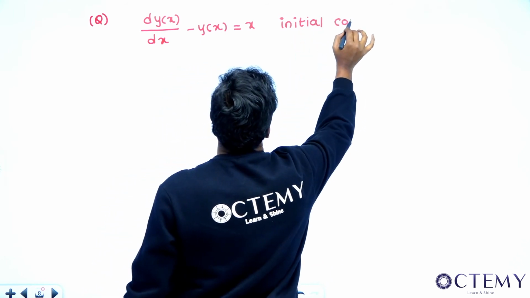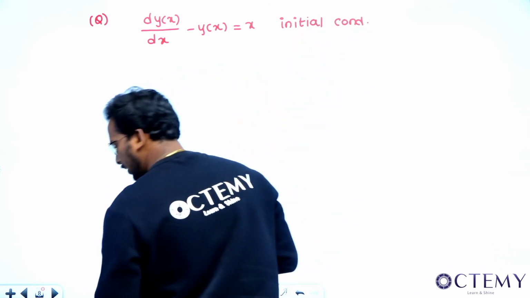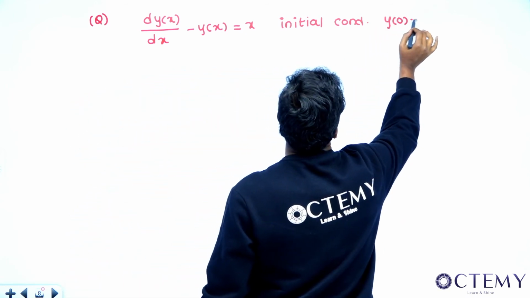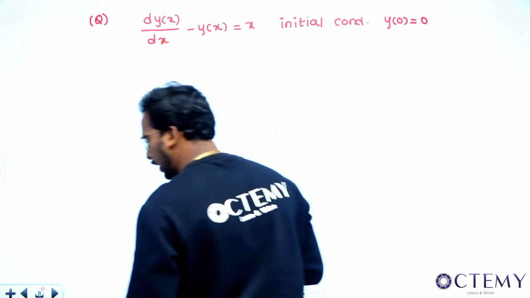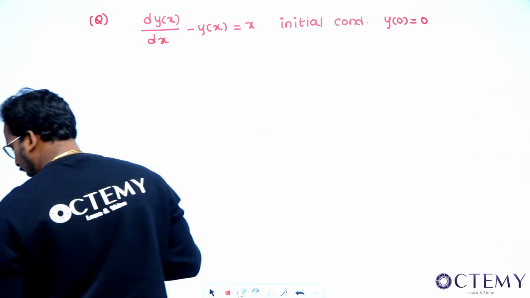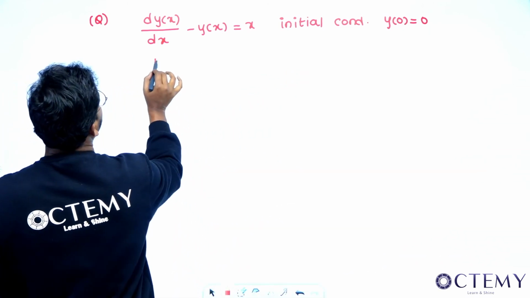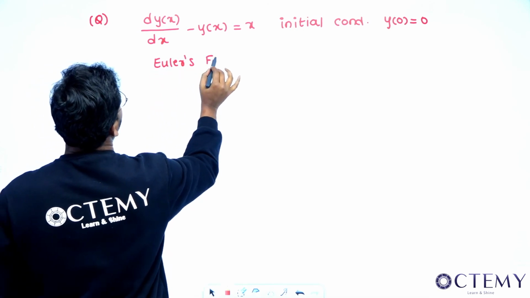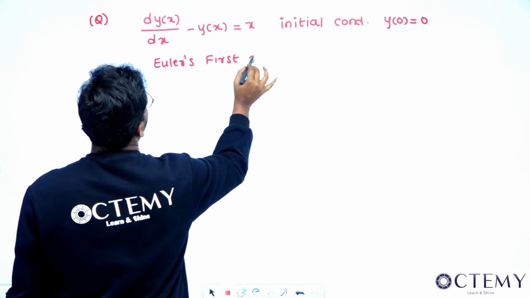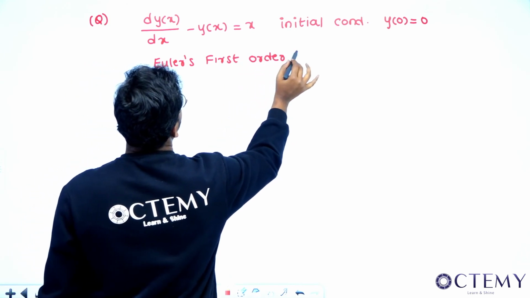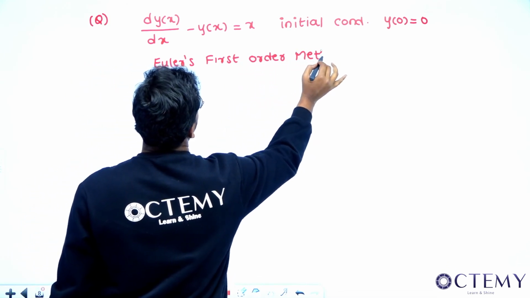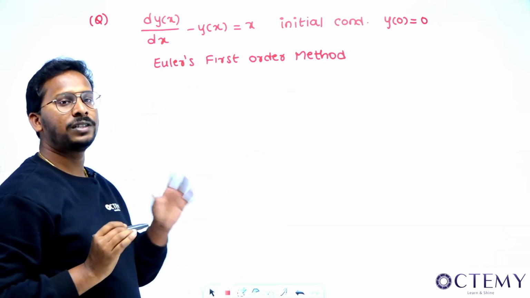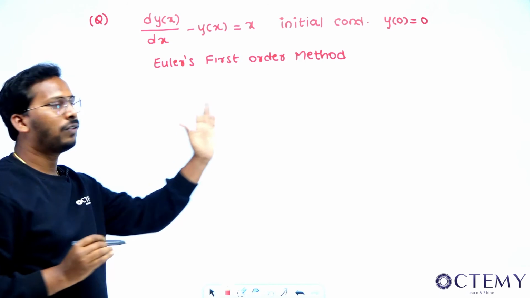Initial condition is given as y of 0 is equal to 0. Using Euler's first order method, he is telling us to solve. By default, you have to understand that Euler's first order method means forward Euler's method only.